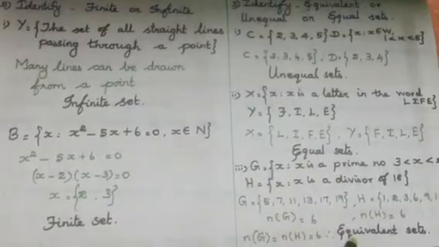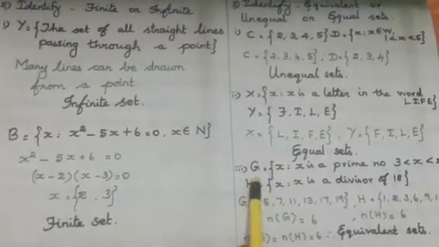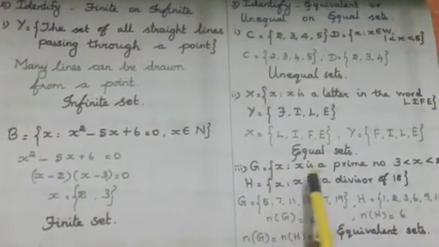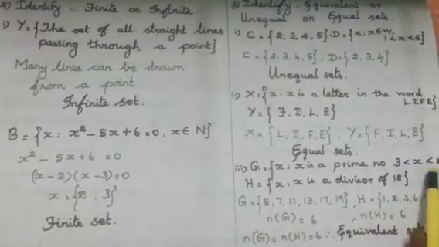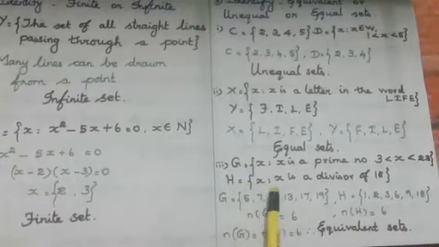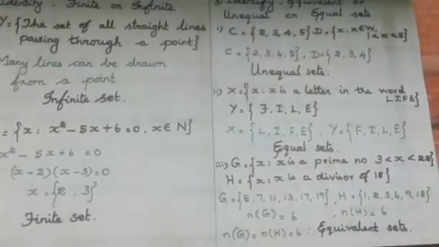Next, equivalent set. G is equal to {x such that x is a prime number, 3 less than x less than 23}. H is equal to {x such that x is a divisor of 18}. So first we write the set. Prime number means the numbers divisible by itself and also 1.